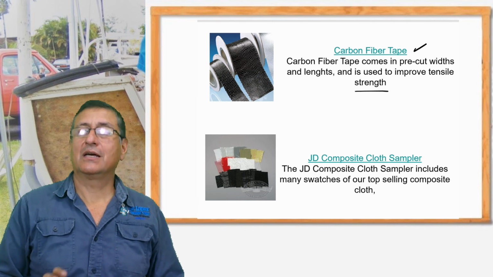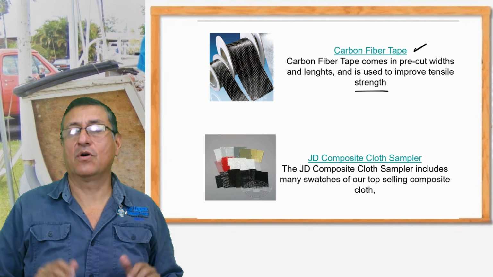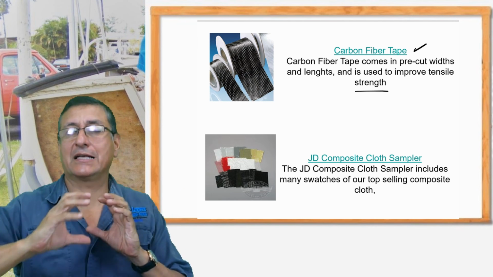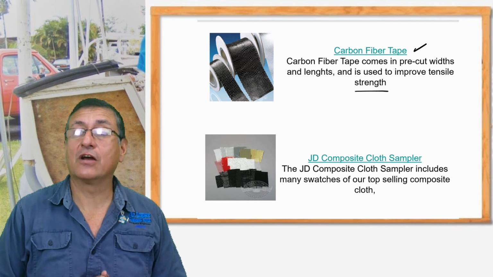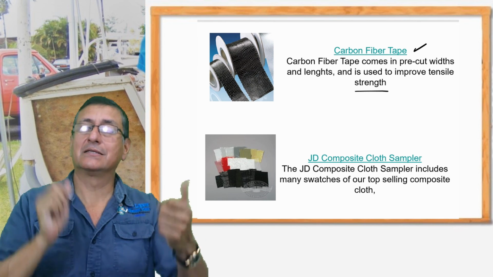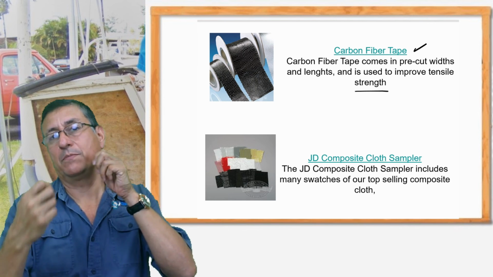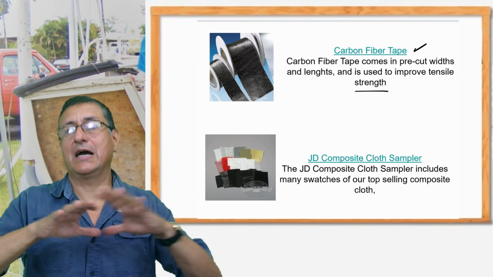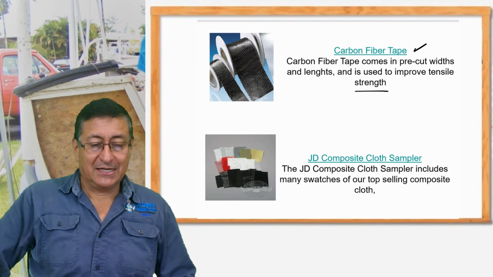It's used in the automotive industry to cover wheels and frames, and produces an excellent external surface. It comes in different colors, widths and lengths, and is impregnated with adhesive.